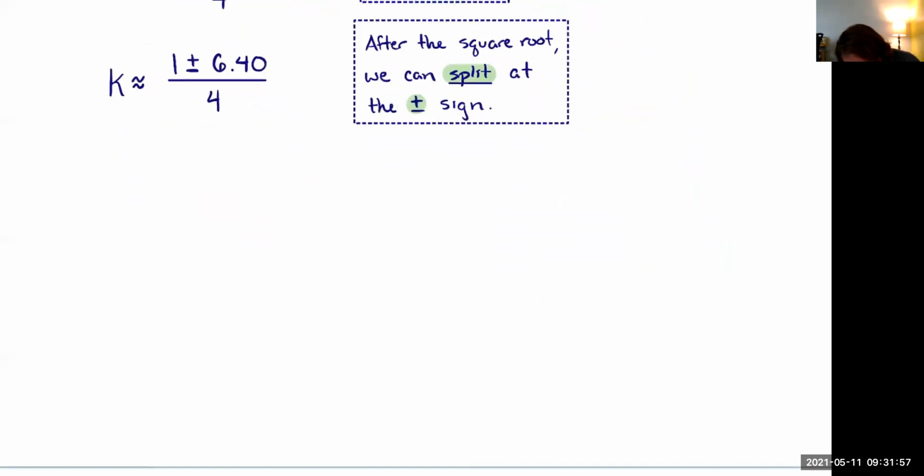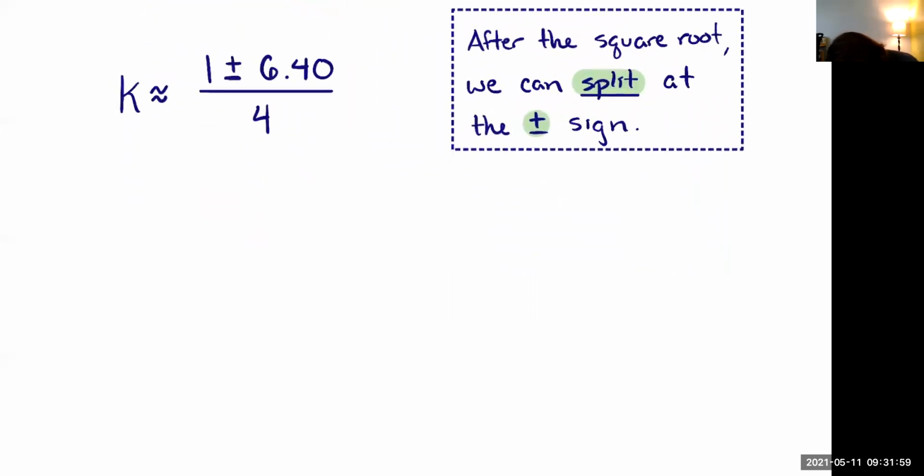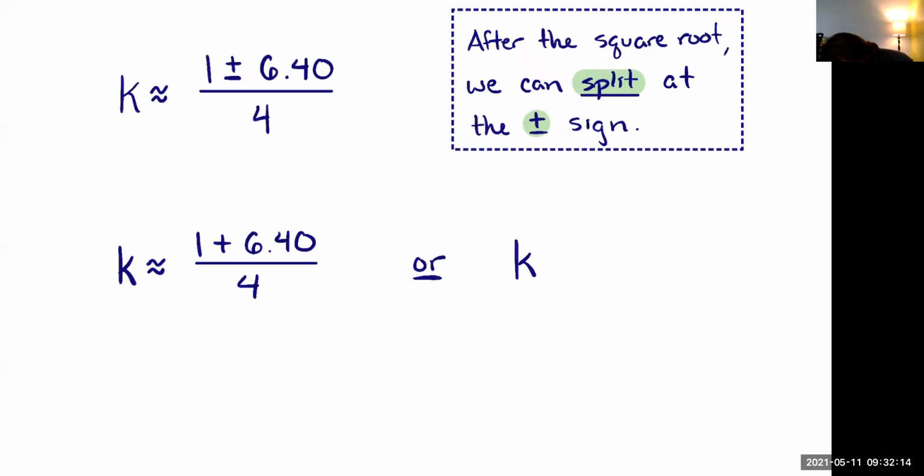So we're going to have 2 things here. Either K is approximately 1 plus 6.40 all over 4, or K is approximately 1 minus 6.40 over 4.